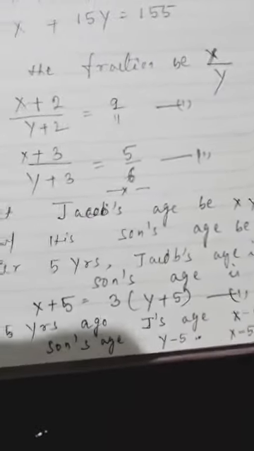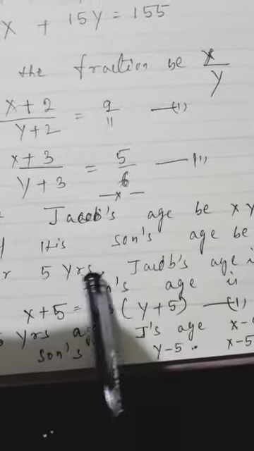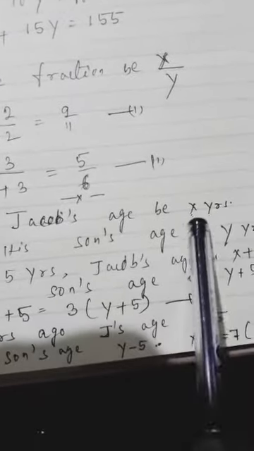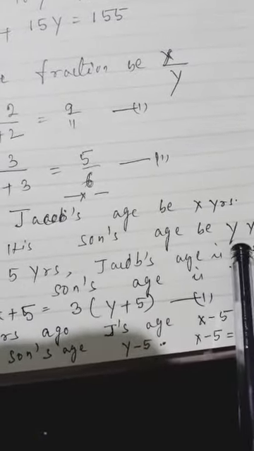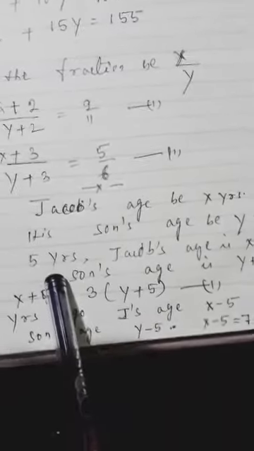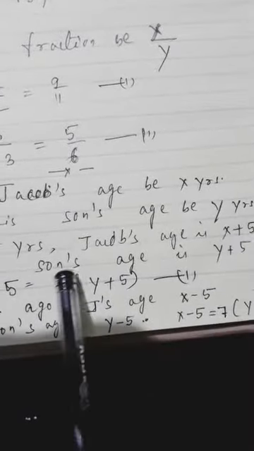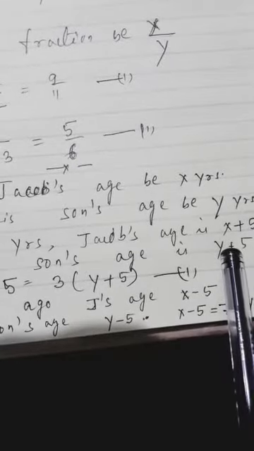After that what is given? 5 years hence. 5 years hence means after 5 years. So obviously, if this is the present age of Jacob and his son, after 5 years, Jacob's age will be x plus 5 and his son's age will be y plus 5.